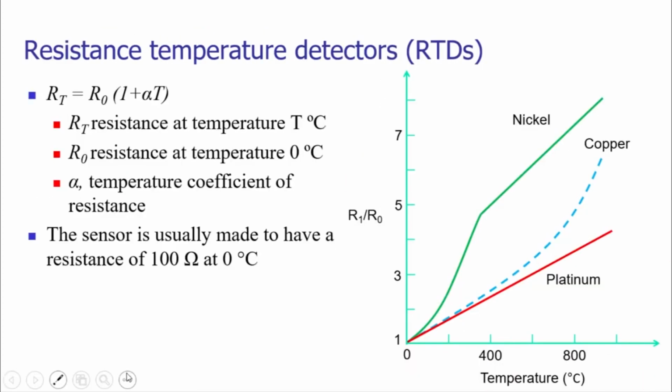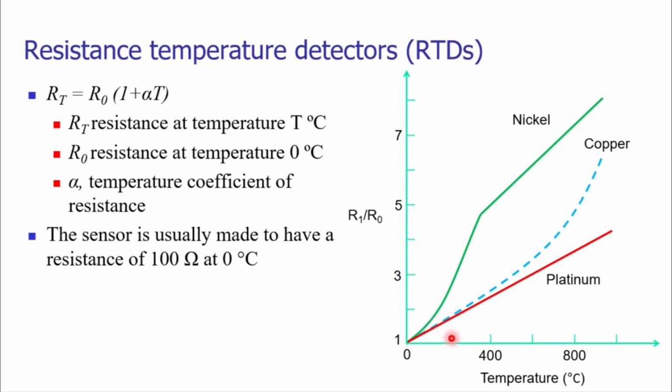The next temperature measurement sensor is the resistance temperature detector. It is very popular and it is called RTDs. The principle is very simple. There are certain materials whose resistance will increase with the application of heat energy.